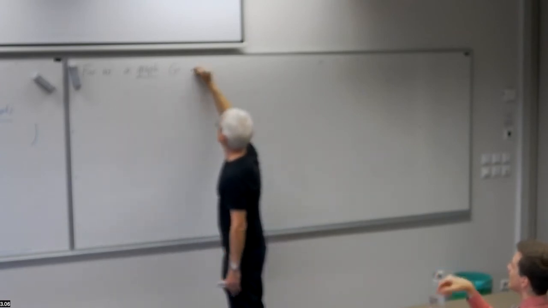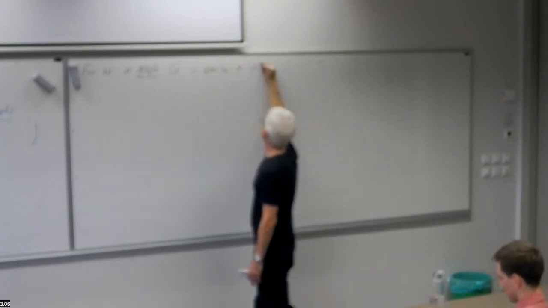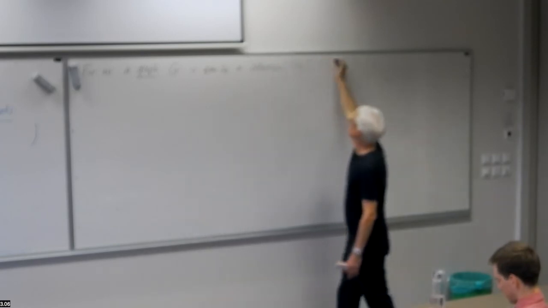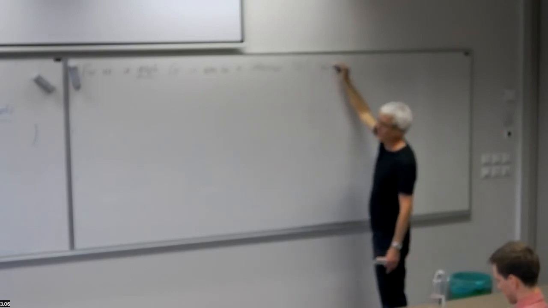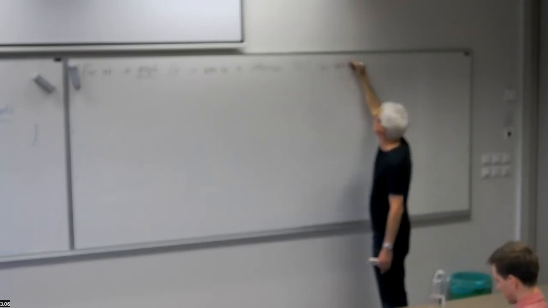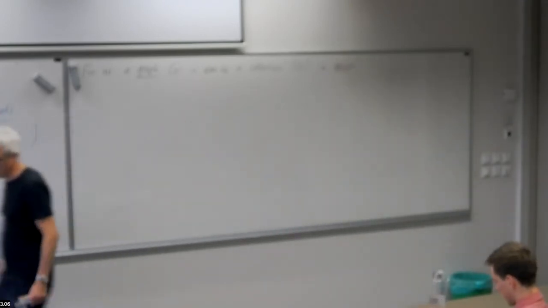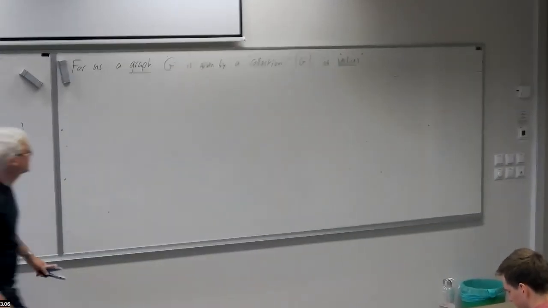So a graph is given by a collection, which I use the same notation as for a category, but we're not going to call these objects, we'll call these vertices. Sorry, but the camera is out of focus. Ah, right. Yes. There you go. Thank you.